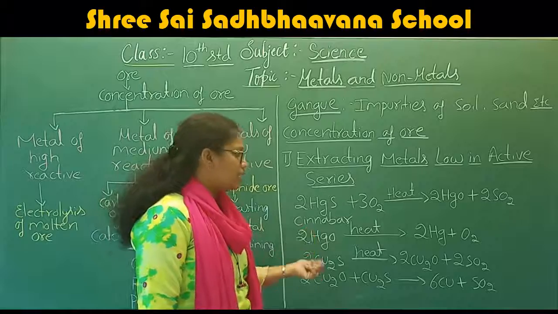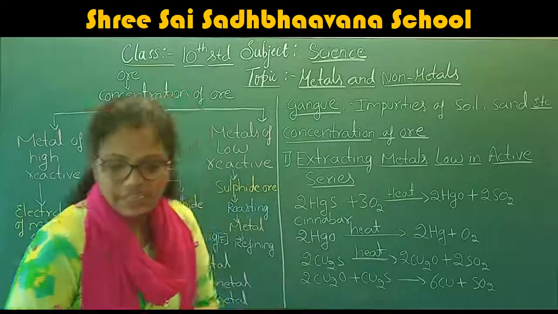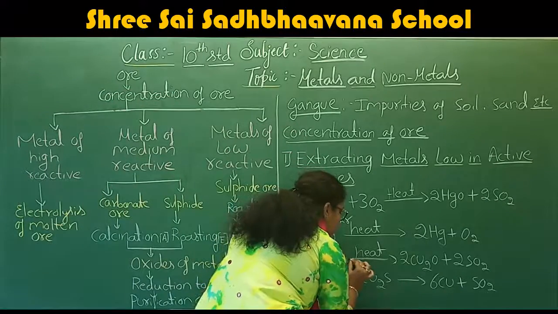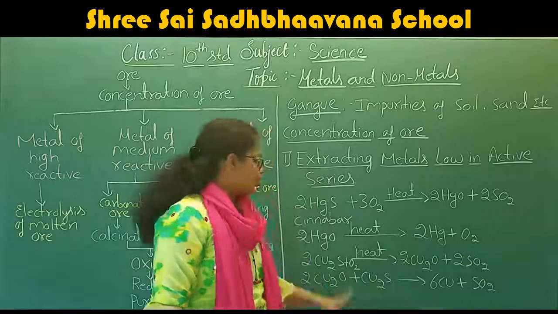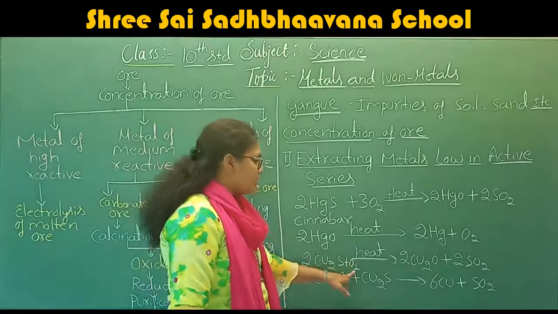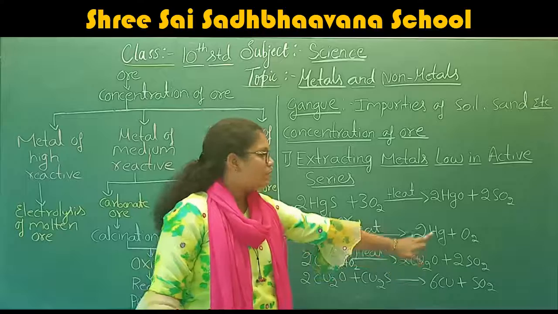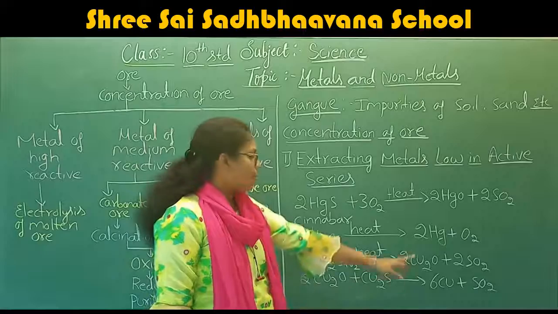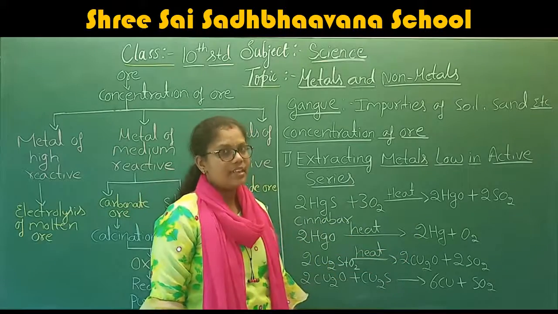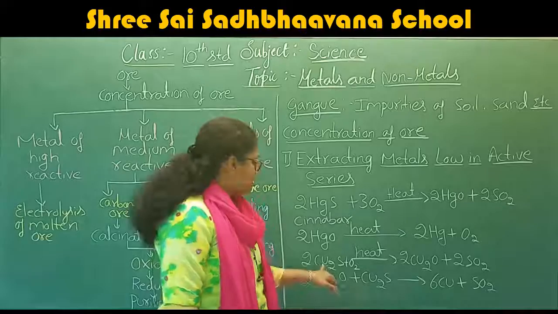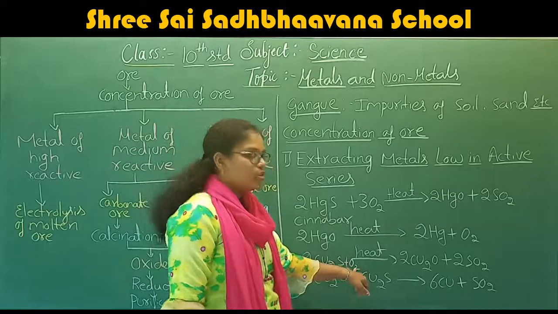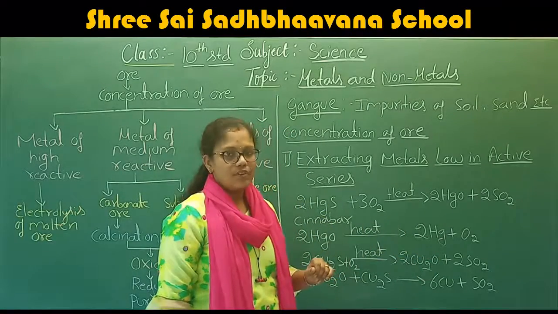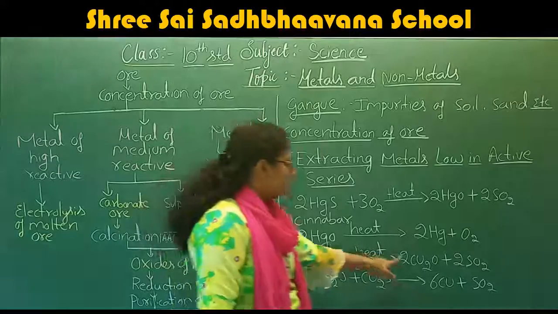When you heat copper sulfide in the presence of excess oxygen, it forms copper oxide, plus sulfur dioxide gas is evolved. Now count the oxygen.